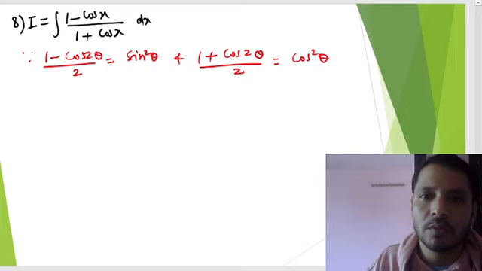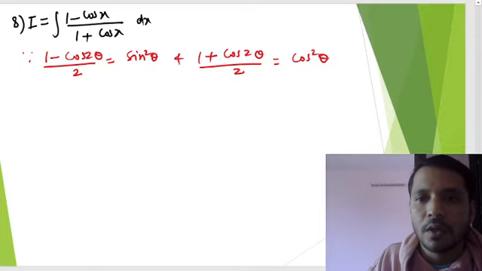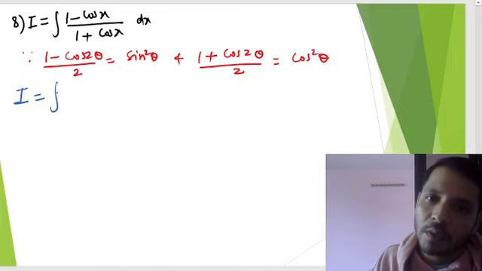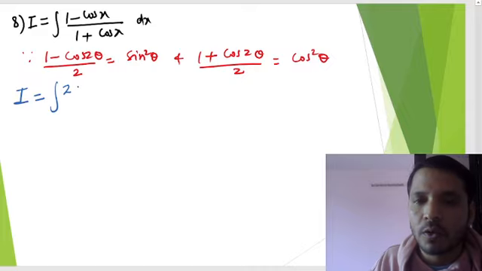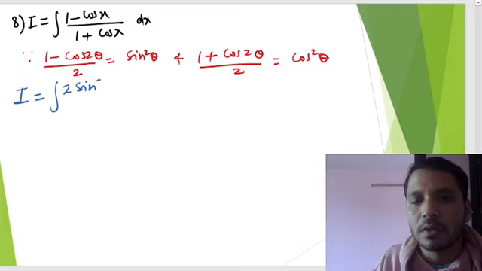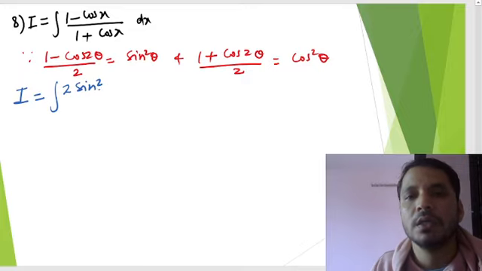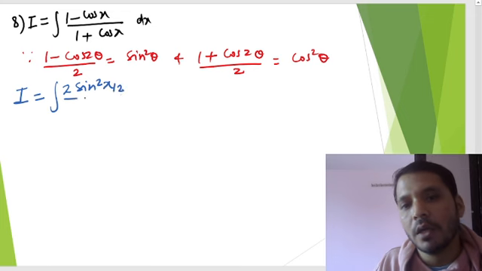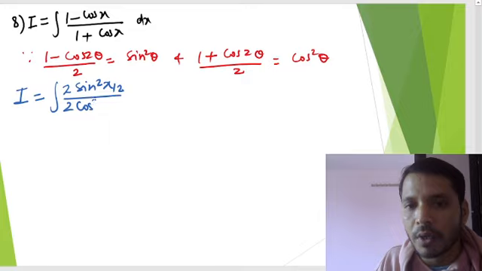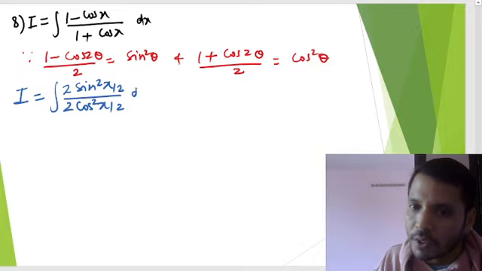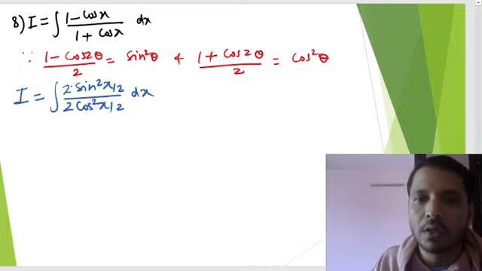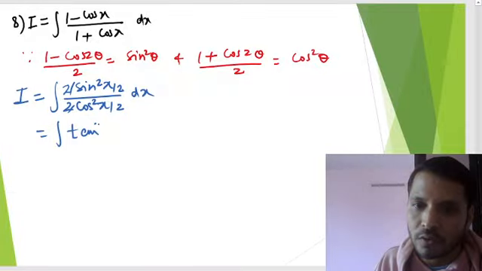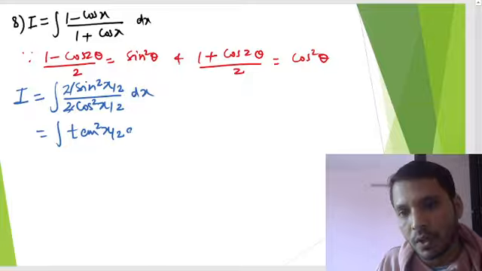So according to this formula, we can write I is equal to, the numerator part will become 2 times sin square, and the angle is half, so it will become sin square x by 2, and the denominator will become 2 cos square x by 2 into dx. Now this 2 and 2 will get cancelled out, and sin upon cos is tan. So tan square x by 2 into dx.